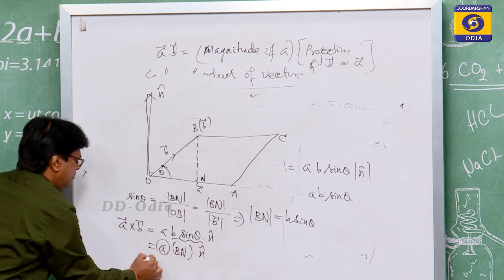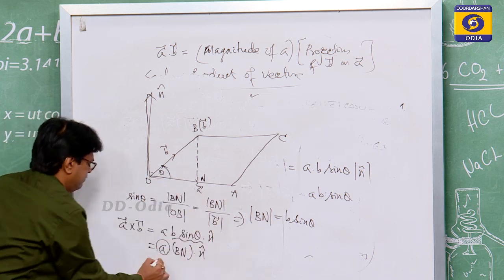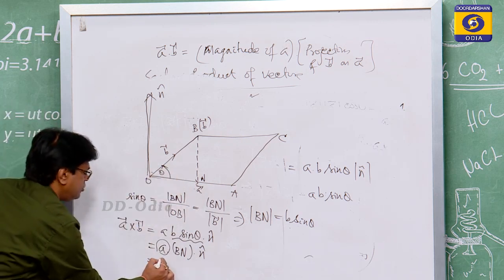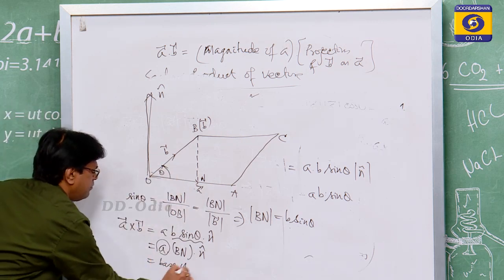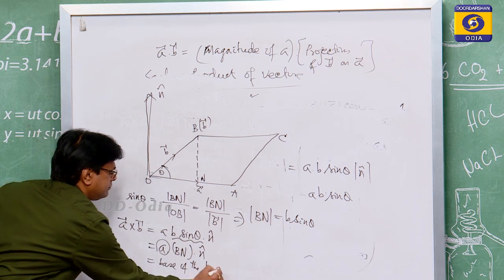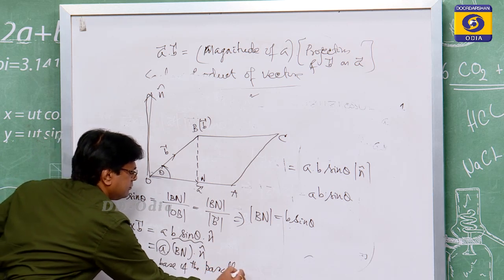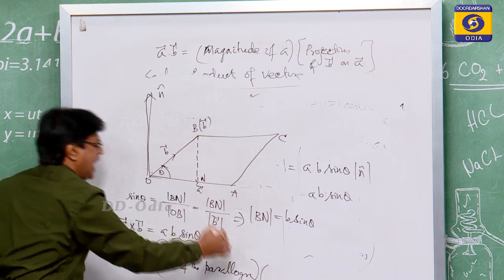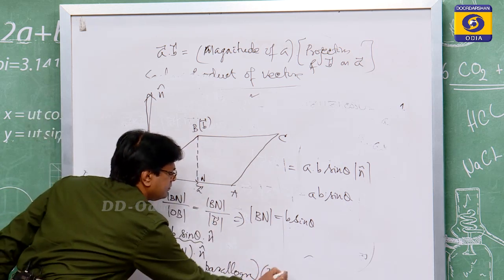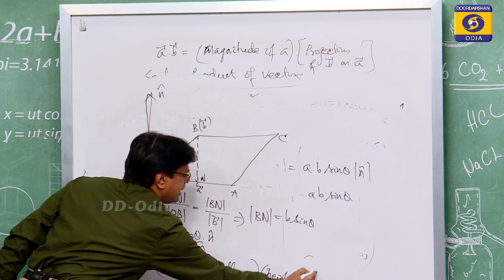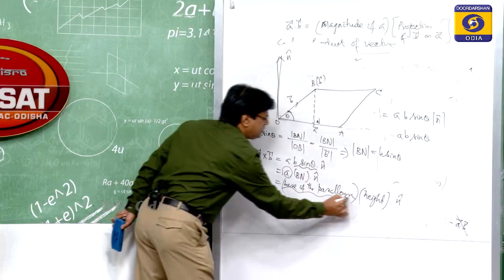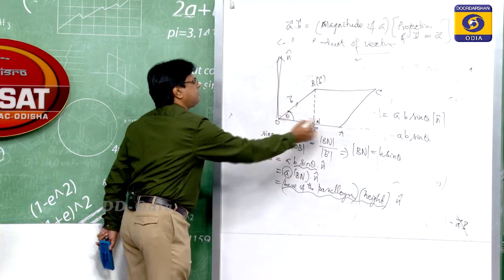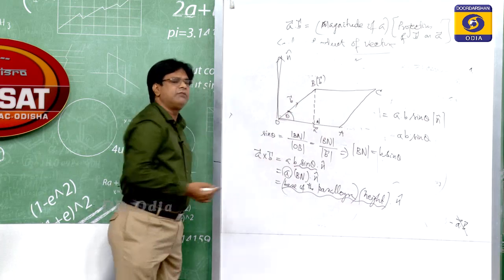A is the side of the parallelogram, this is the base of the parallelogram, and BN is the height, into n cap. So, this is nothing but base of the parallelogram times height. This is your area of the parallelogram.